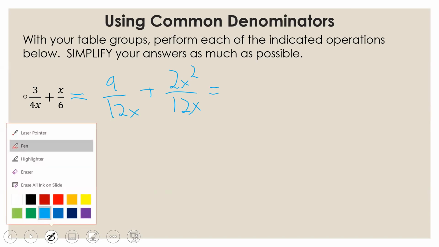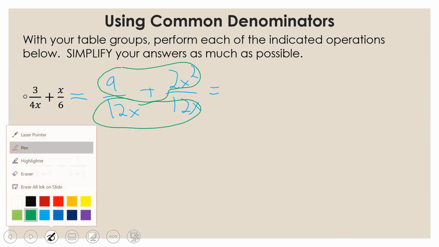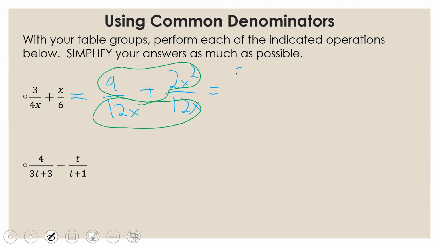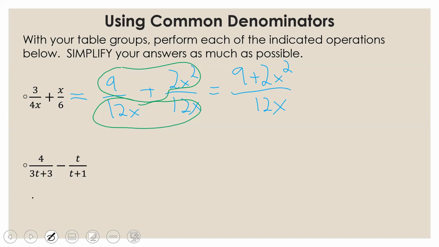And then, as we know, because we're adding with common denominators, we can just add our numerators. And so this would become 9 plus 2x squared over 12x. And in this case, unlike the ones we saw in the previous video, we can't factor the numerator at all, or the denominator, so this would be our final answer.